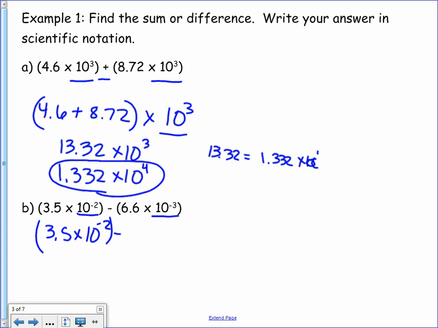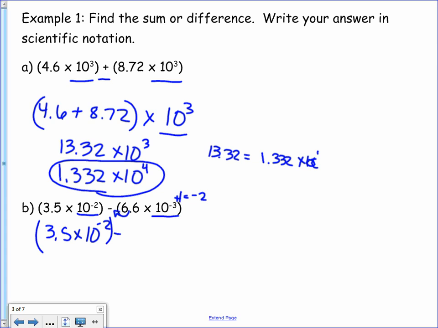Now negative 3 plus 1 will equal negative 2. So if I need to add 1 to the exponent, I'm going to have to move the decimal 1 place to the left, because I had to add 1. Remember, our rule says if you move the decimal left, we're going to add to the exponent.